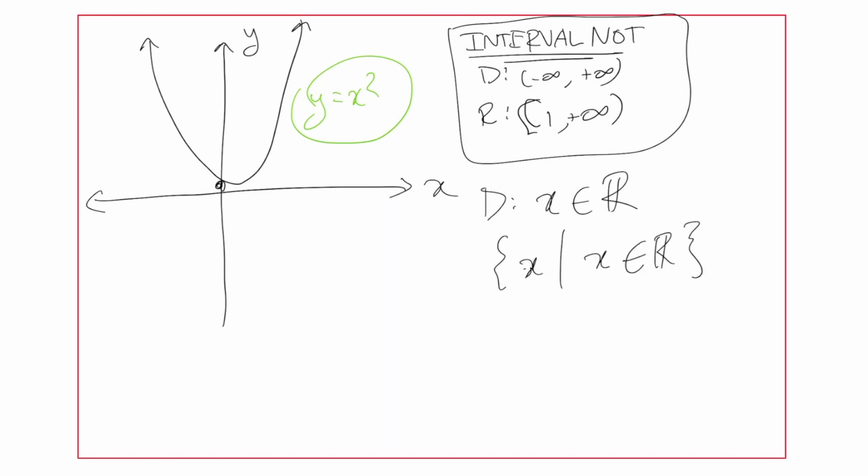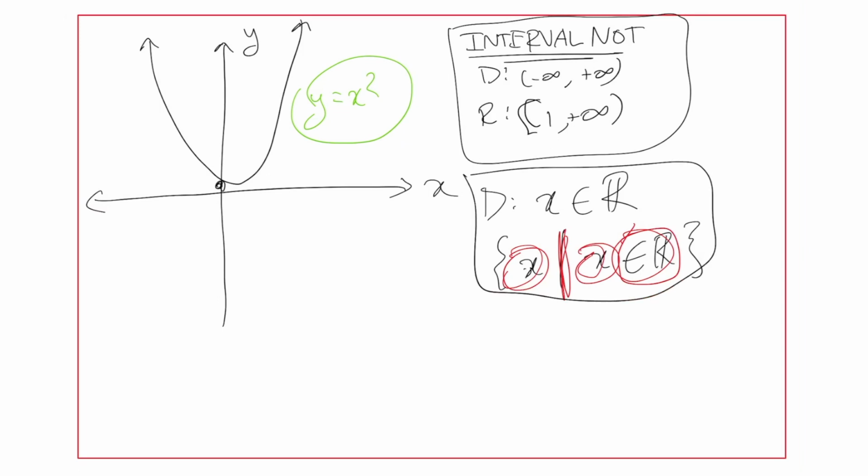What we're saying here is that for all x, such that, or so that, x belongs to the real numbers, then the function would exist. That is the domain of the function. Okay, so for all x such that x belongs to the real numbers, that's the domain. This is set builder notation.